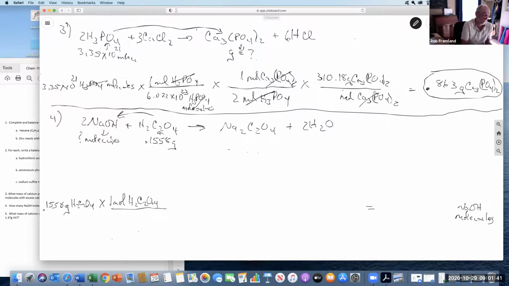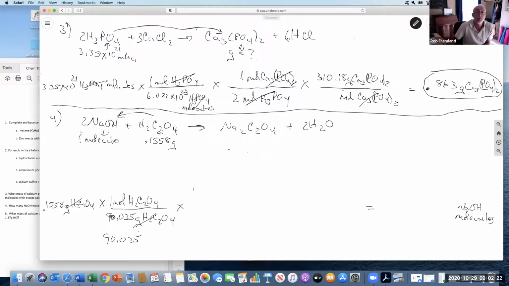Molar mass of that stuff is 90.035. That's a 90. All right. There, so you can see it.